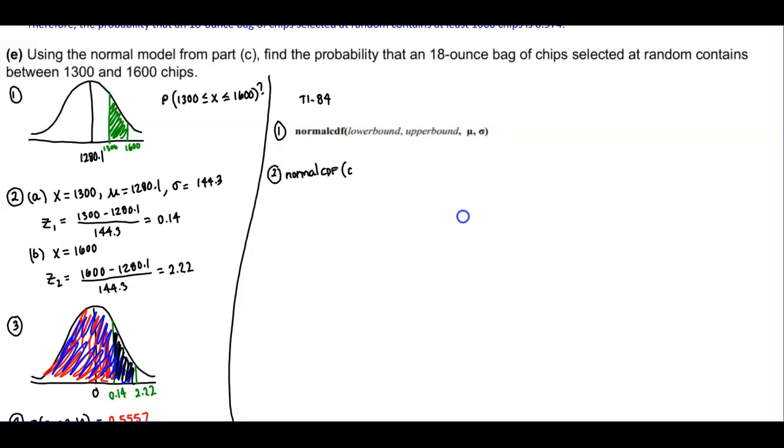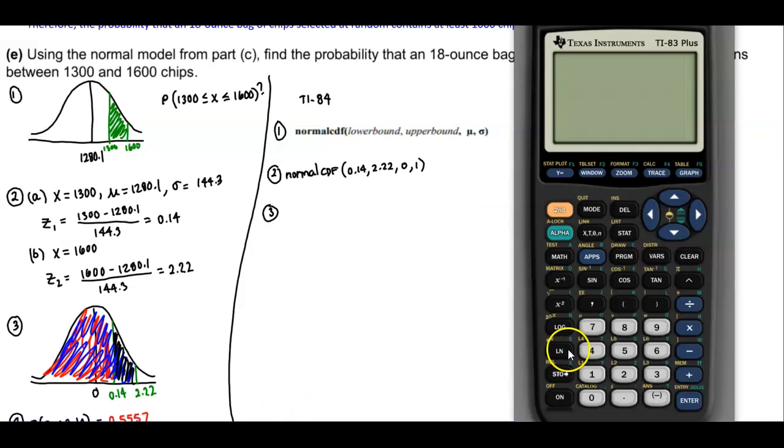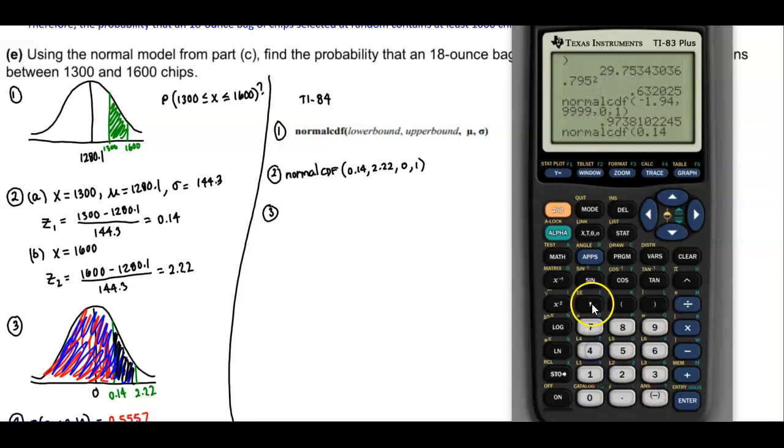The lower bound is going to be 0.14, the upper bound is 2.22, with a mean of 0 and a standard deviation of 1. So let's put that in our calculator: second distribution, go to normal CDF. Our lower bound is 0.14, our upper bound is 2.22, with a mean of 0 and standard deviation of 1.